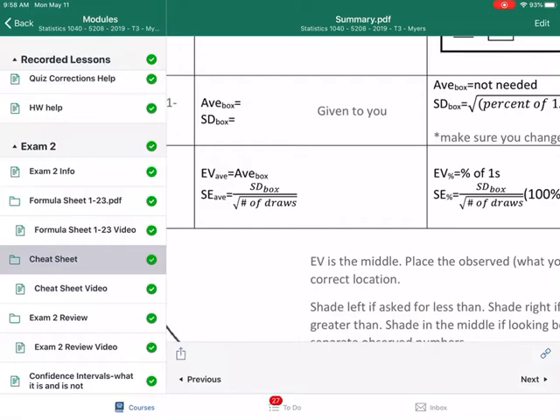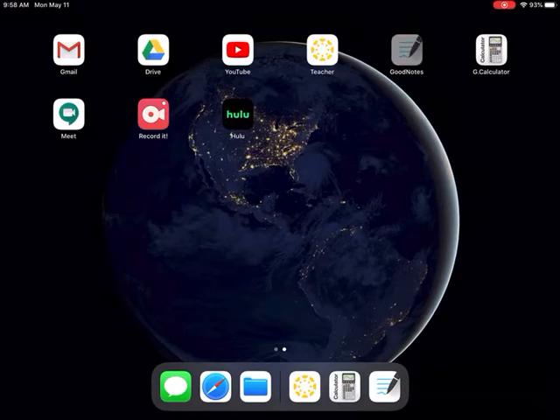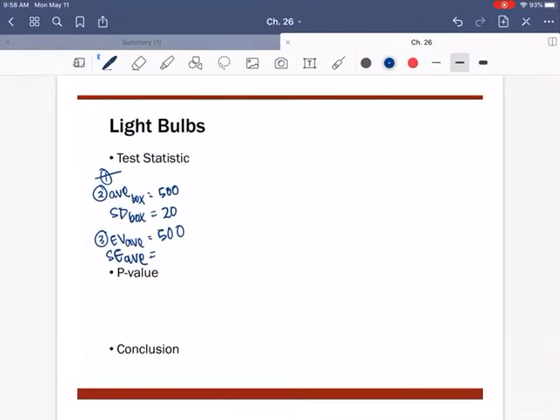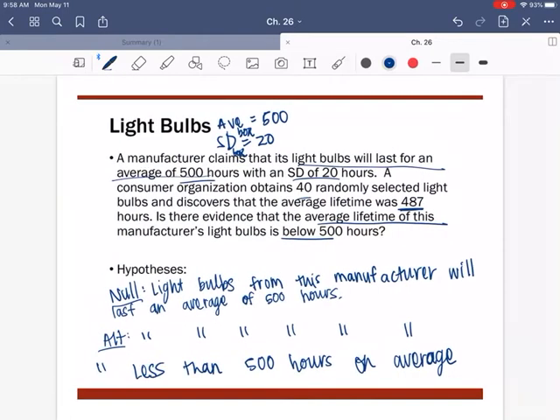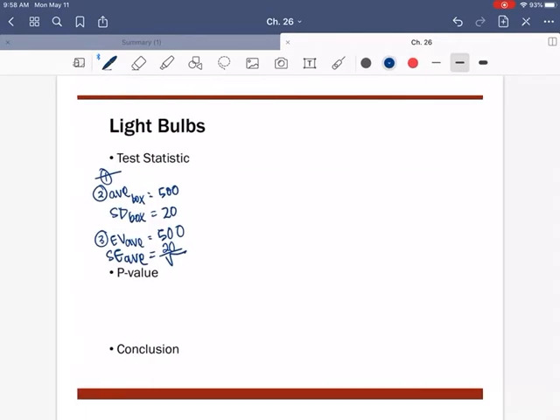With the standard error average, we can look back at our formula. Standard error average is the standard deviation of the box divided by the square root of the number of draws.